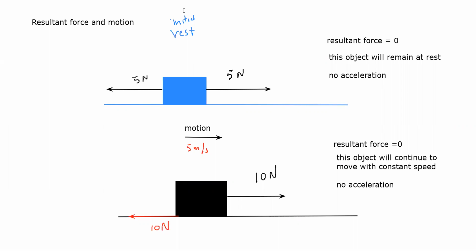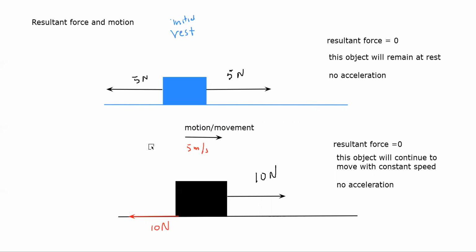Motion here, movement refers to motion. You can use the term motion or you can say movement. This is a motion of an object or movement of an object. Motion or movement have the same meaning. So this object is moving towards right, and there are forces.